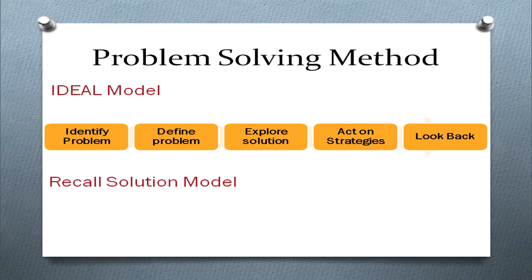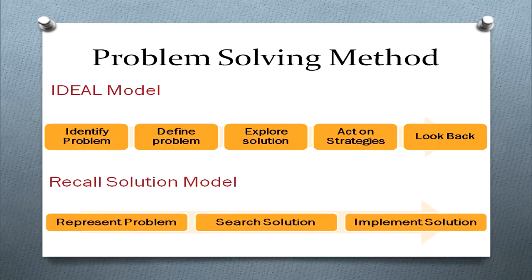They act on strategies, on the solutions they have identified. They work, and they see if the problem they were working on has now been resolved. The last is looking back, where the teacher and the students look back and see if it has worked.